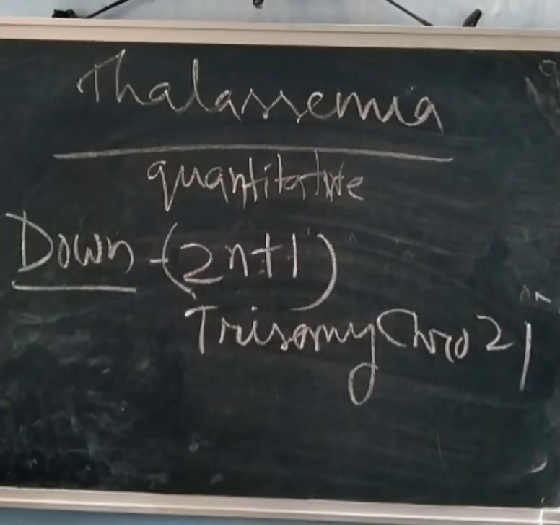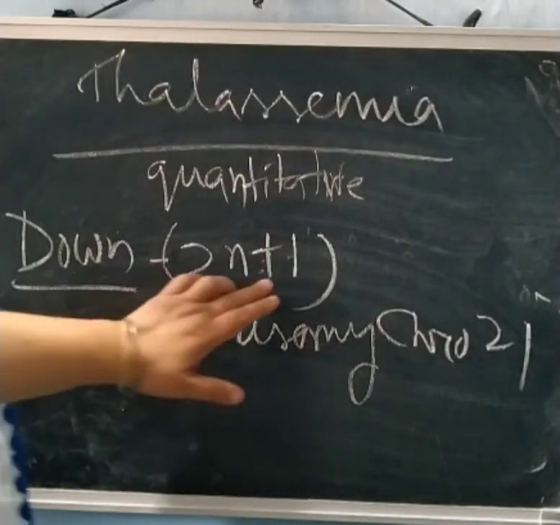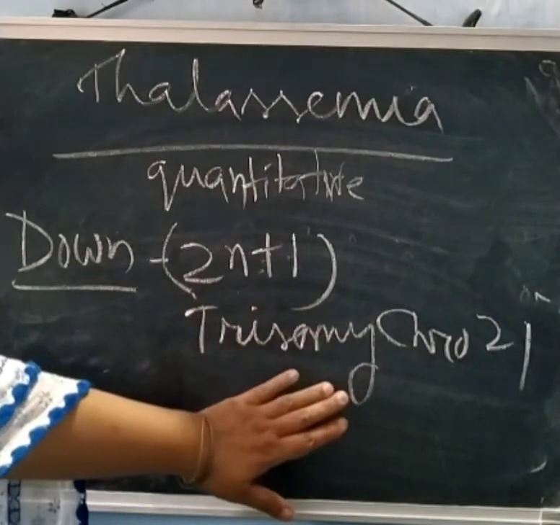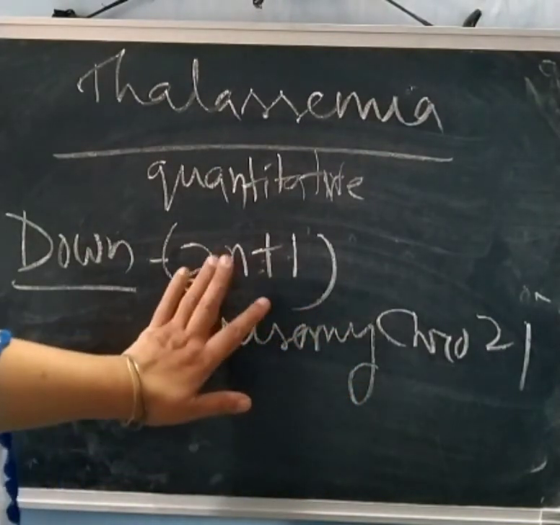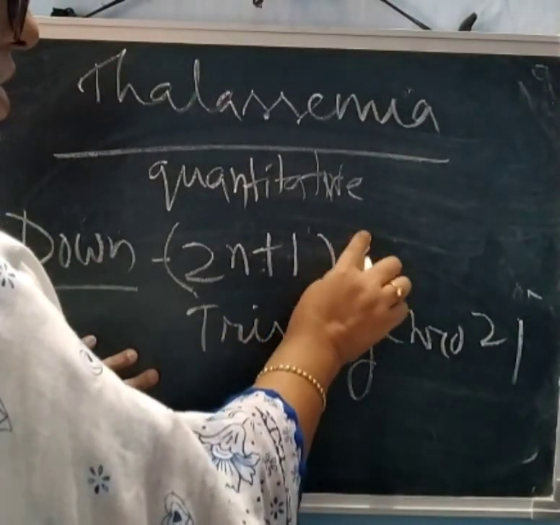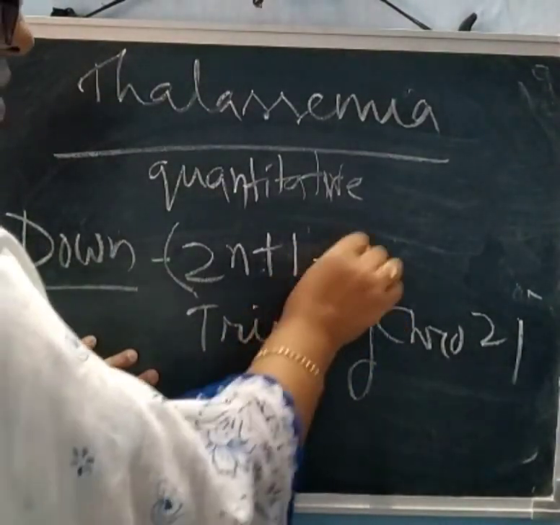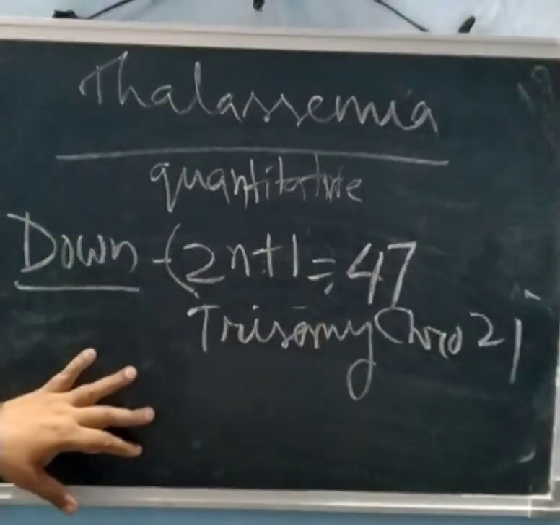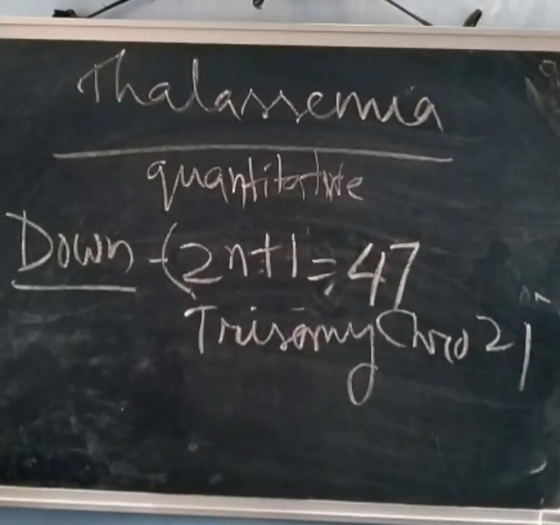The individual is short statured with a small round head, furrowed tongue, partially open mouth, broad palm, characteristic palm crease, and shows mental, physical and psychomotor problems. So the 21st chromosome pair in humans shows one chromosome extra, that is, 2n plus 1 is equal to how much? 46, then it is 47. So Down syndrome patients bear 47 chromosomes.